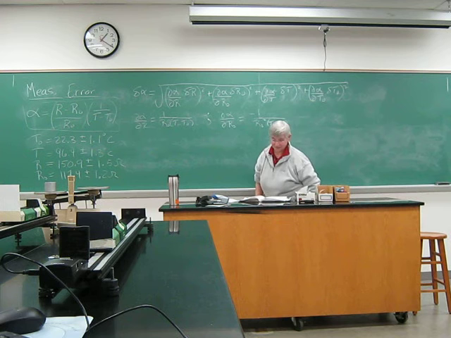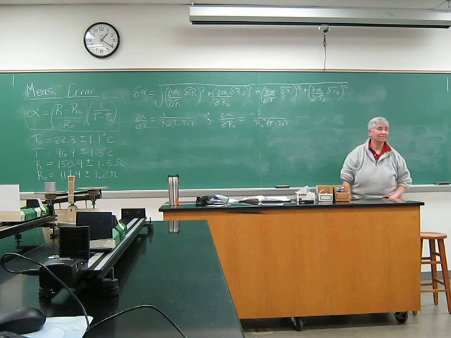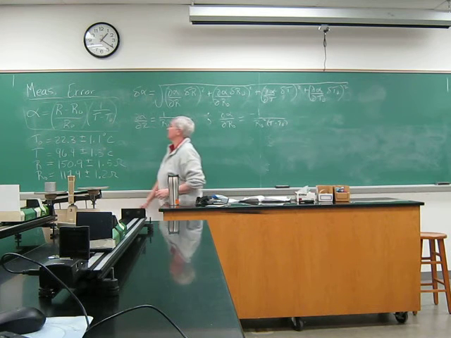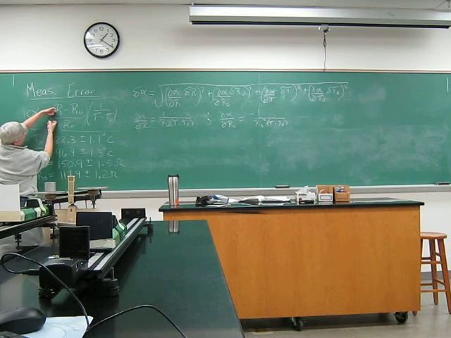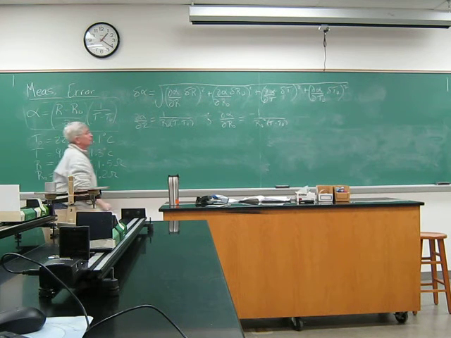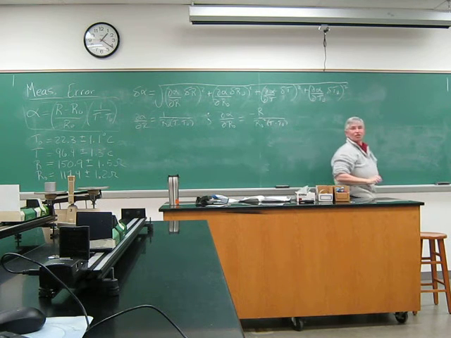You sure? This can be rewritten as R over R naught minus R naught over R naught, which is 1. So, dimensionally, something's wrong. There's an R on top.